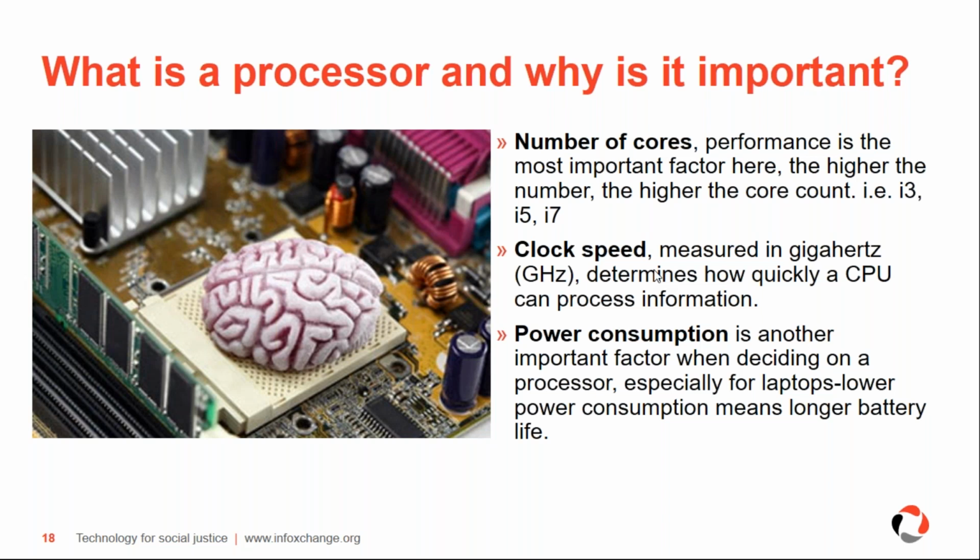So the 6 is the generation, so it's a 6th generation i5. And the number next to that could be something like 1 gigahertz or 2 gigahertz. Again, the higher the number here, the more processing power the core has.